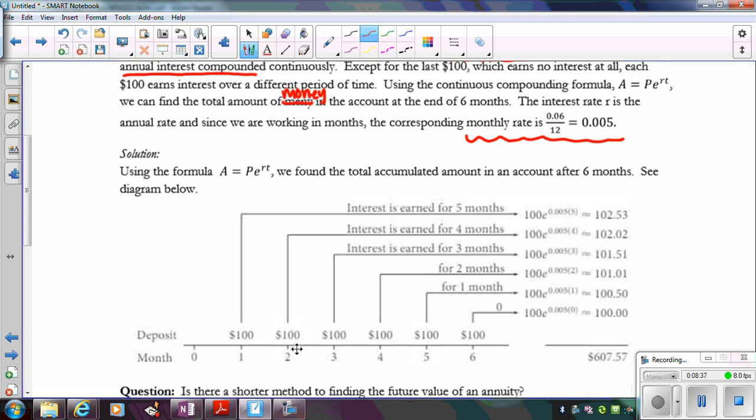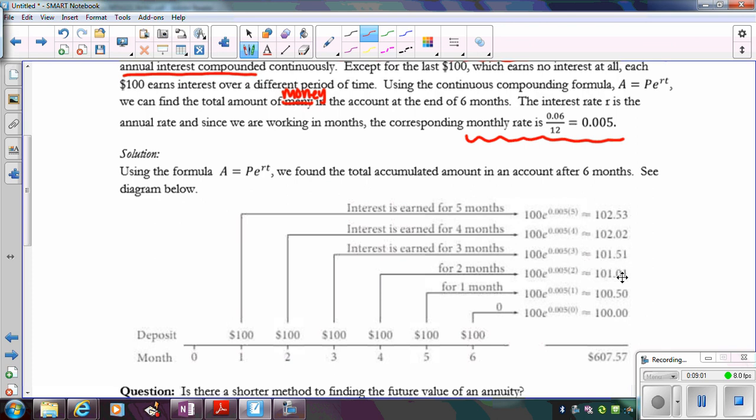Then on the second month, we have another one-time lump sum investment of $100, but that's only going to earn interest for 4 months because it was deposited on the second month. So you get $102 from that one. Then the third month, you put $100 in, one-time investment. That's only going to earn interest for 3 months, so you get 101.